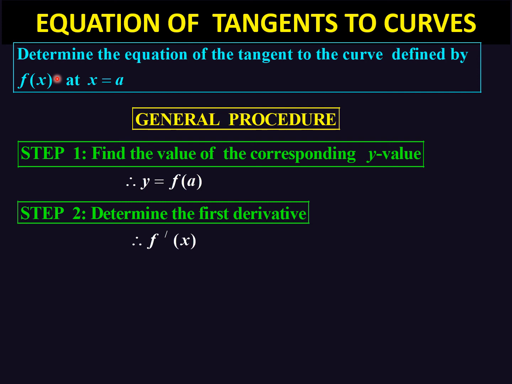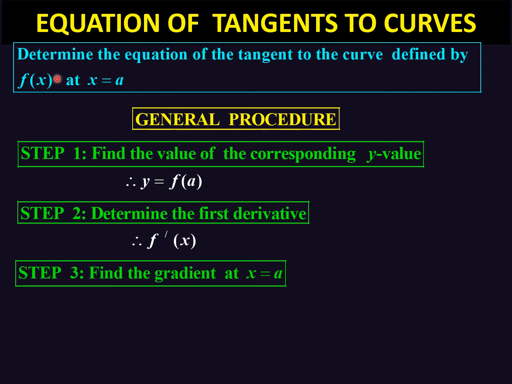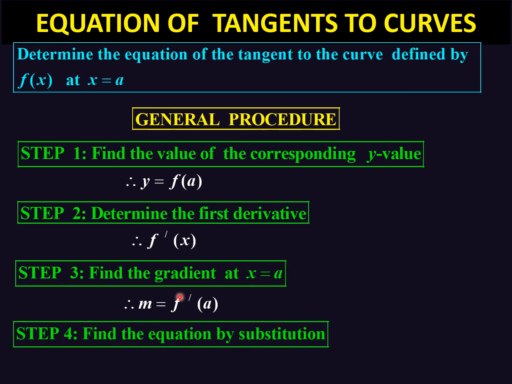The next thing, we have to determine the gradient. Now remember, this first derivative is actually the gradient of a tangent. So the gradient m will be the first derivative, but it needs to be the first derivative when I have x equal to a, so I must substitute a into the first derivative.